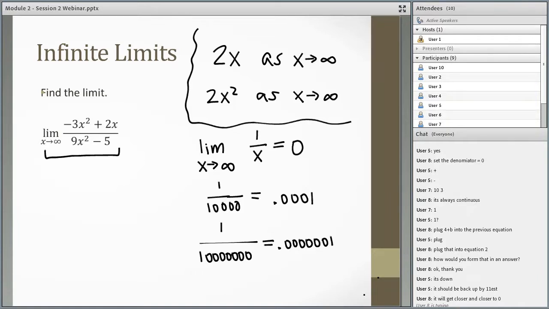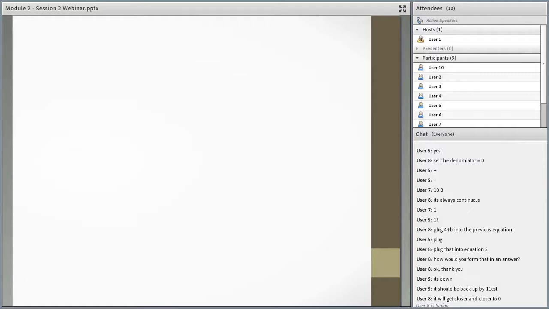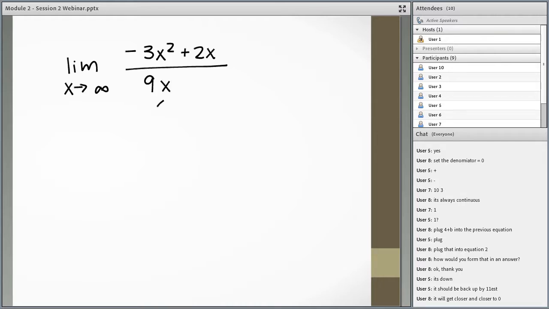So the easiest thing to do, let me see if I have another page. Oh, good. Let me rewrite the limit here. I basically want to try to get each one of these terms in some form of 1 over x, or any constant over something x related.